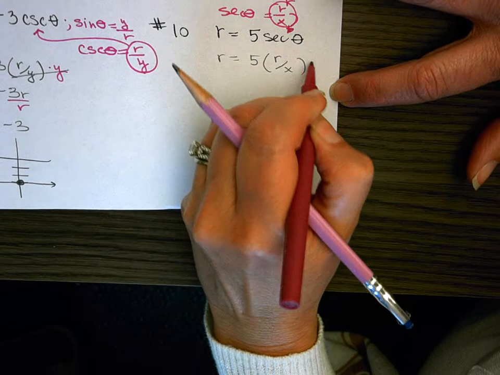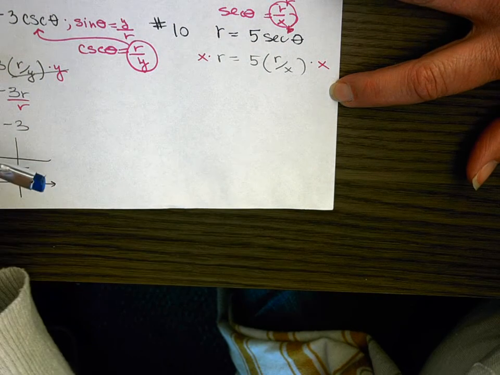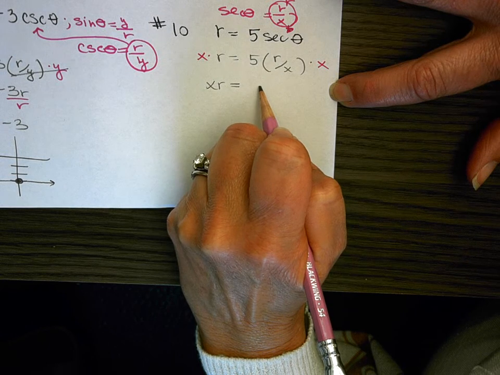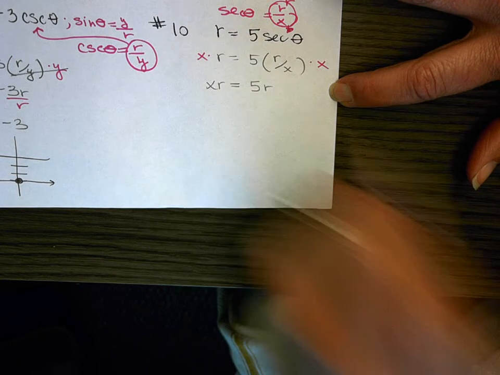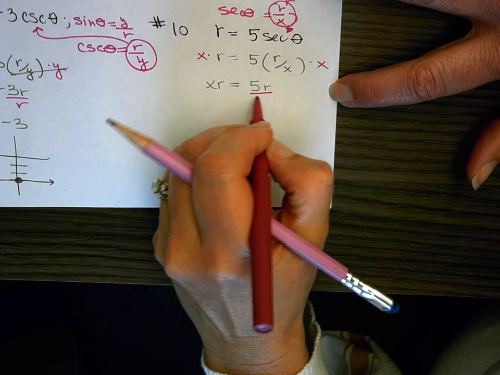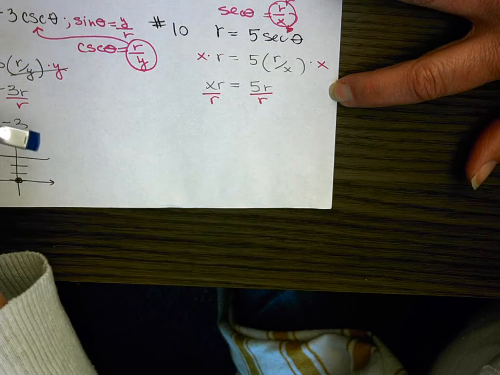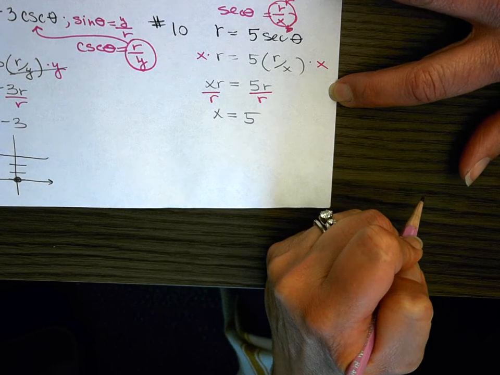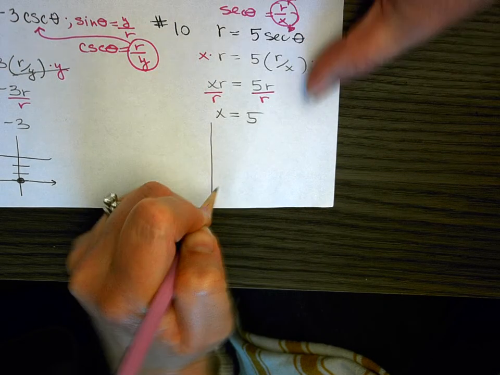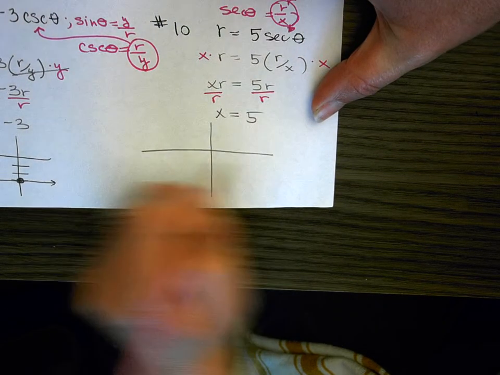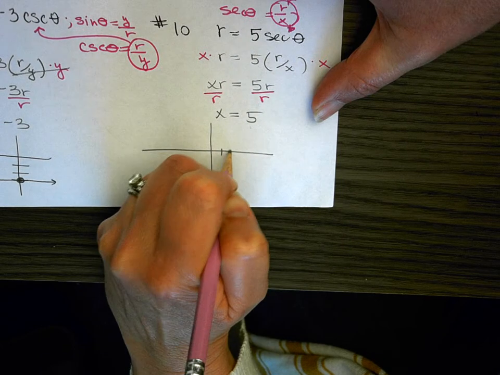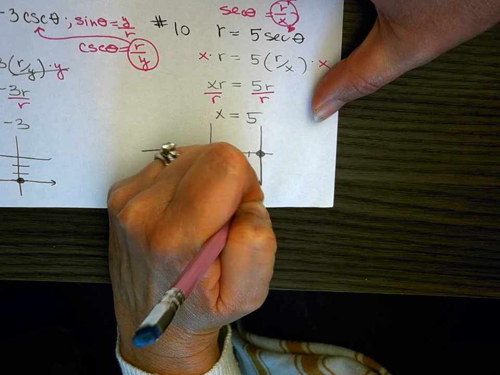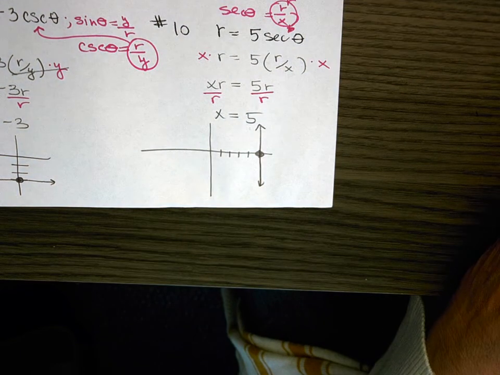Then I'm going to multiply both sides by x. And then divide both sides by r. So then what I'm graphing is x is equal to 5. So I'm going to go along the x-axis to 5. And then cut a line through x equals 5, and there's my graph. And then that's it.